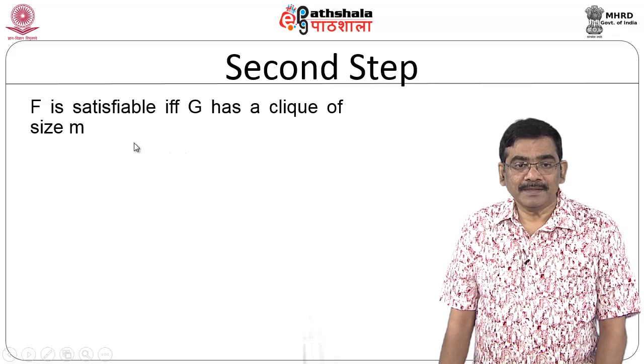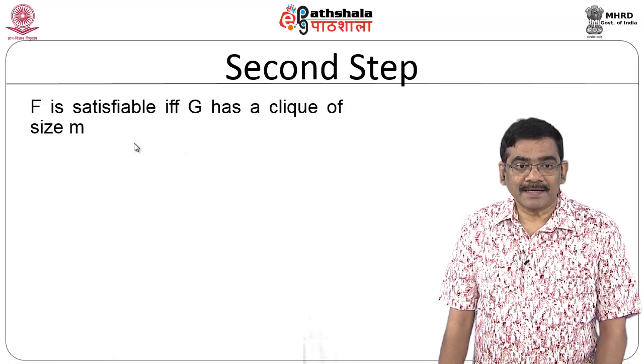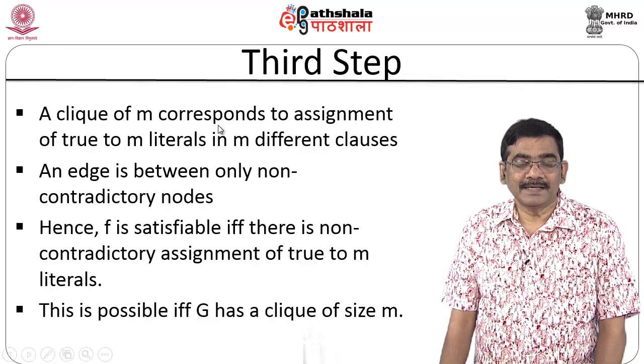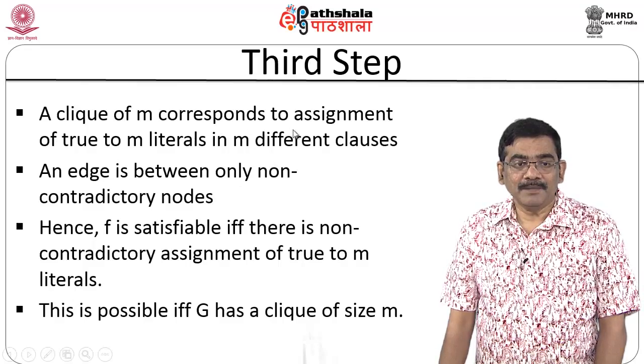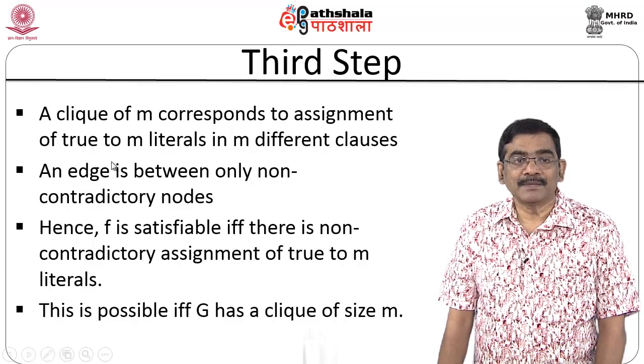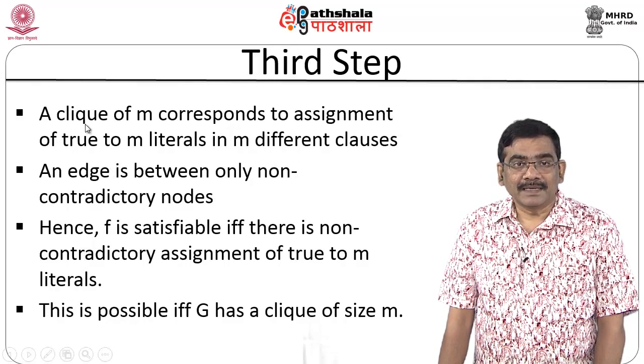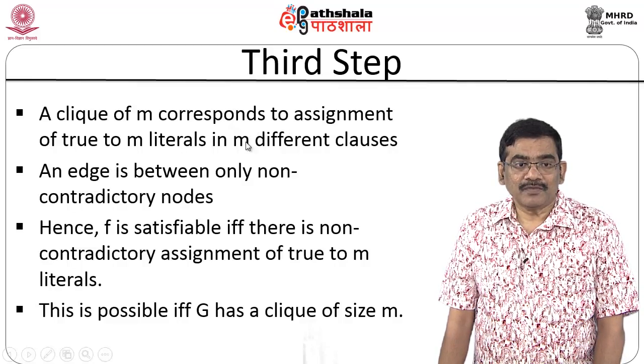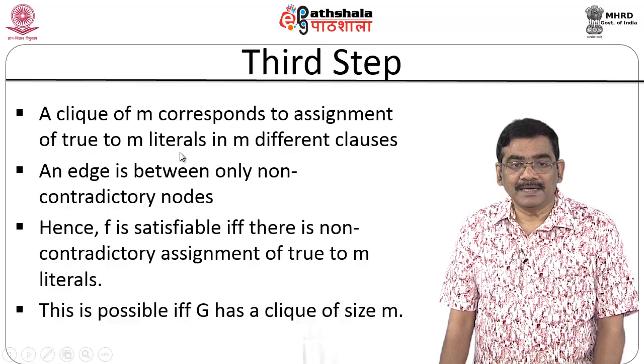That means the formula f, having m clauses, is satisfiable only if G has a clique of size m. This can be argued like this. A clique of size m corresponds to an assignment of true to m literals in m different classes.